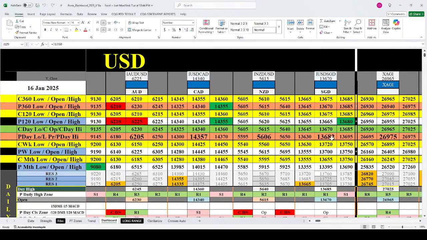Now the market is trading at 36.80. Let's see your current week. Your previous week low is 135. Now we're trying to go for a sell and concentrate on the high. Your current week high is 137.5, and previous week high is 137.5, which means current week high and previous week high are the same.